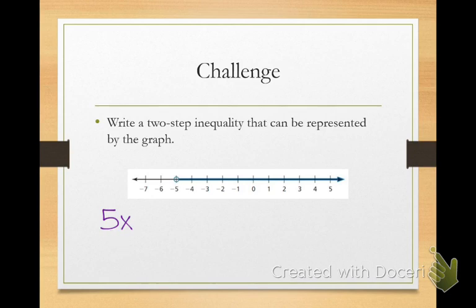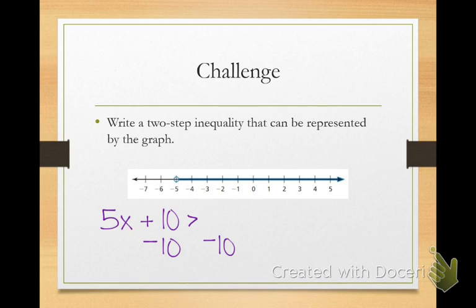All right, so here we go. 5x plus 10. It's still greater than, but now I need a number. Again, this was plus 10, so I'm going to end up minusing it to the other side. What number could I subtract 10 from?